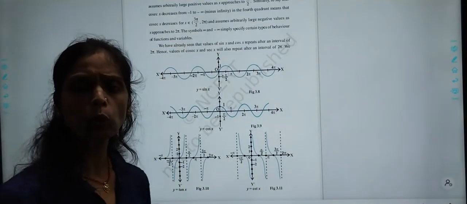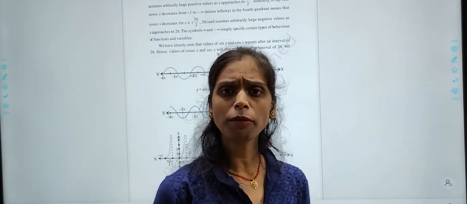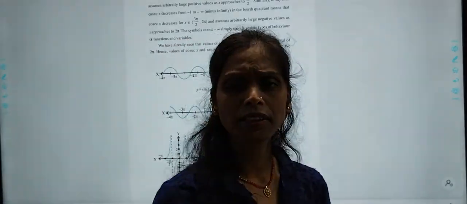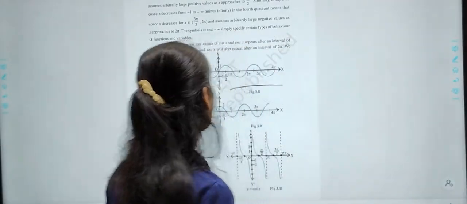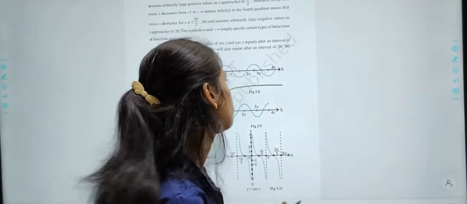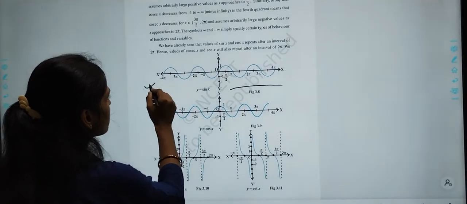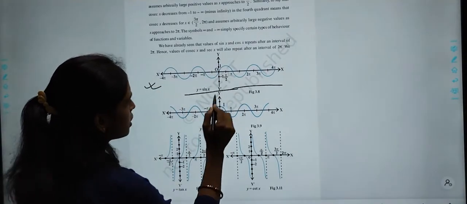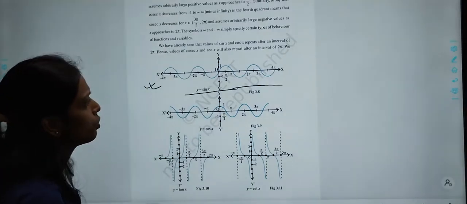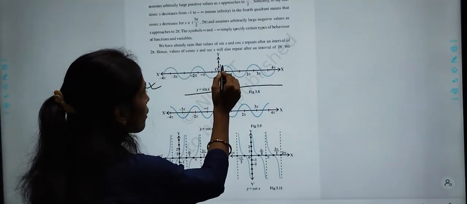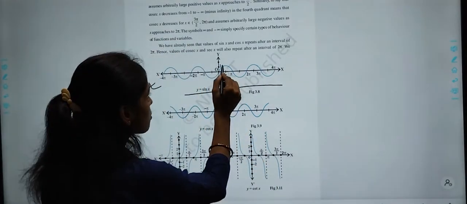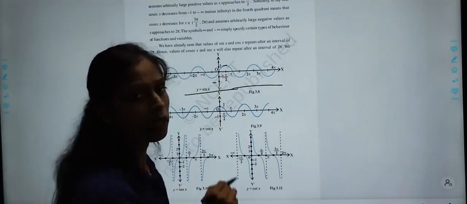When you observe this graph, you can see that the range, meaning the output, is always between 1 and minus 1.